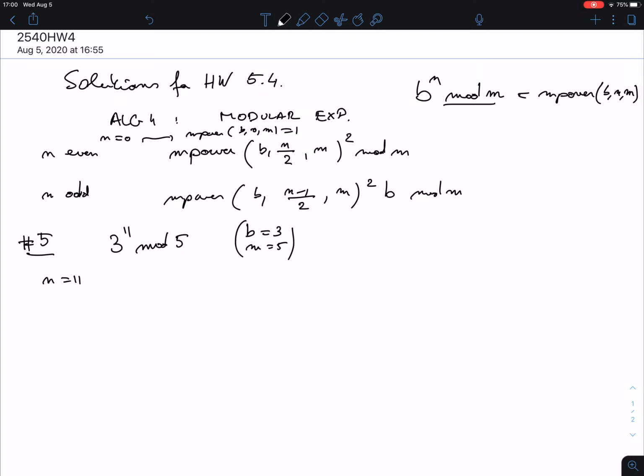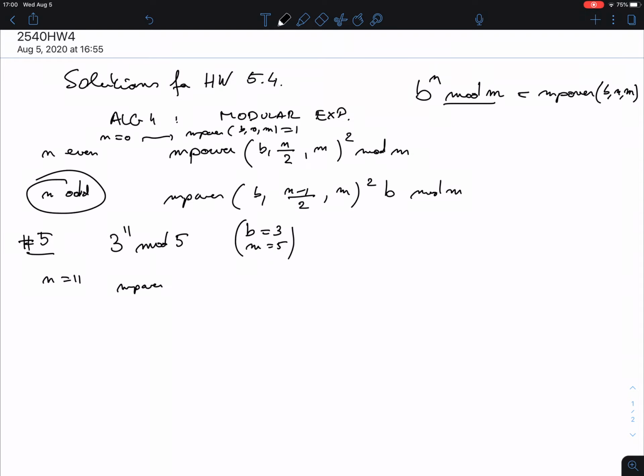N is 11, so we are in the else part of the algorithm, because n is not 0. We take m power 3, 11 minus 1 divided by 2, that's 5, square it, multiply it with 3, and then take the mod 5.